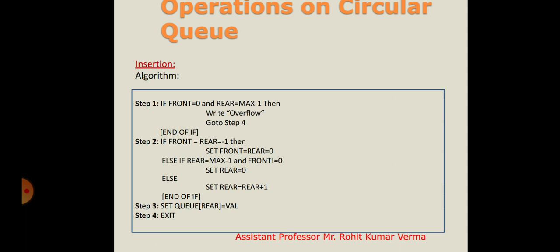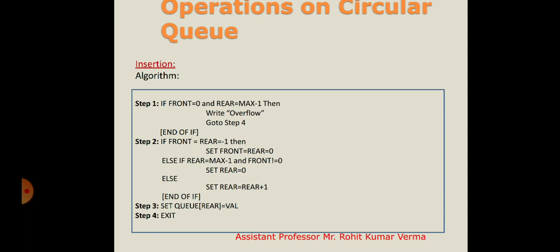Dear students, this is our insertion operation for circular queue. What happens in a circular queue? Again, a similar concept. First of all, we have to check whether it is overflow or not.